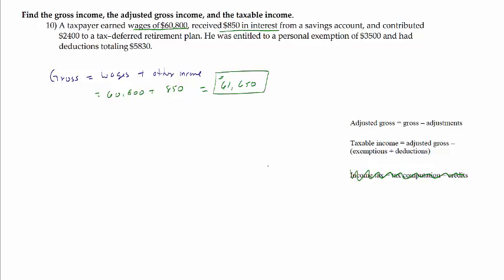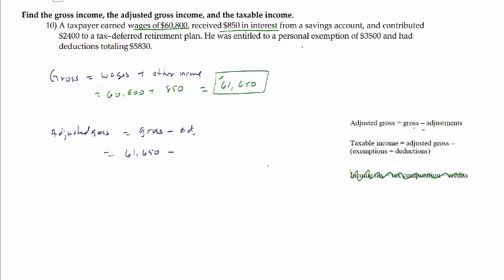Now I need to go ahead and find my adjusted gross income. So my adjusted gross, okay, we're told that's my gross income minus the adjustments. So my gross income, I just computed that, so it's going to be my gross minus my adjustments. So my gross income, we said, was $61,650. And what do I have for adjustments?